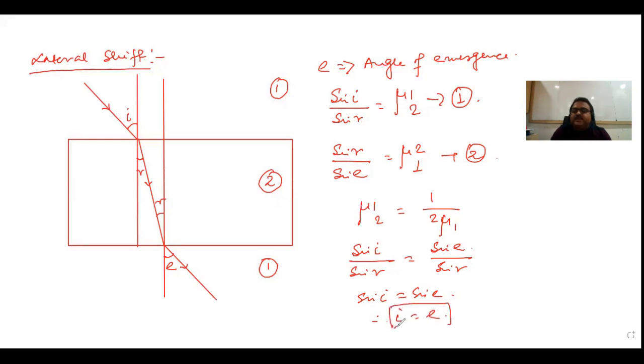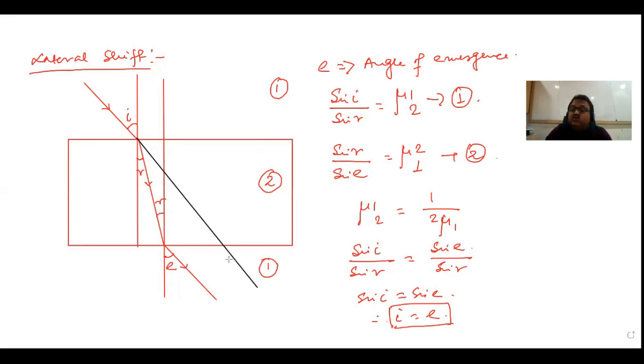Okay. That means what? This angle of incidence and this angle E are equal. Look, the thing is this. If I extend this line, that means this emerging red line and this black line are parallel.